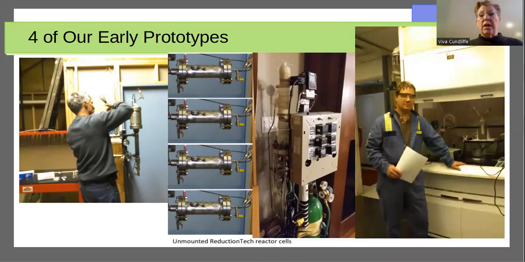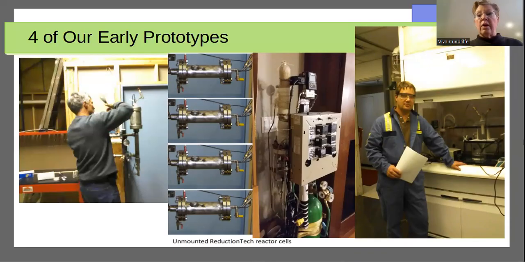This is the Industrial Research Assistance Program unit that we had up and running at the Domtar Pulp Mill in Kamloops in 2010. And we had a consistent high pH solution produced from this first concept test unit.